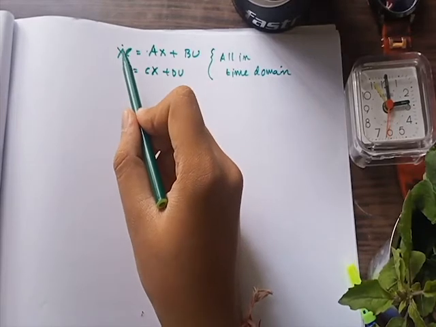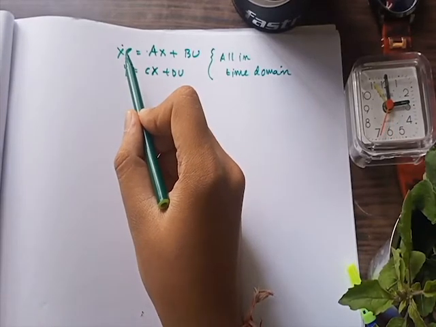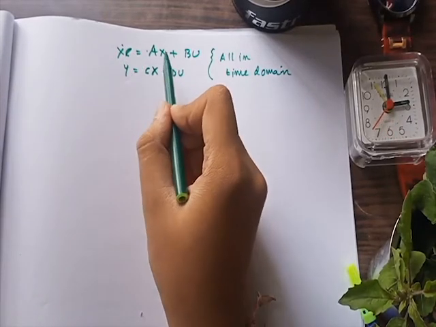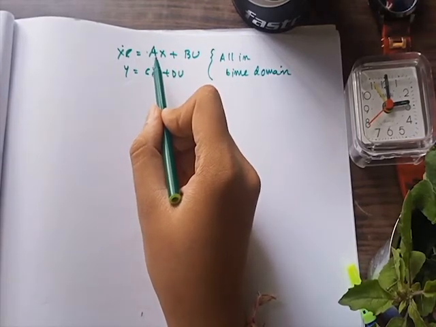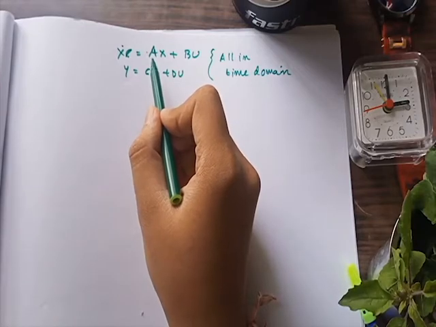This x dot is the differentiation of the state vector. A is known as the system matrix or the state matrix.